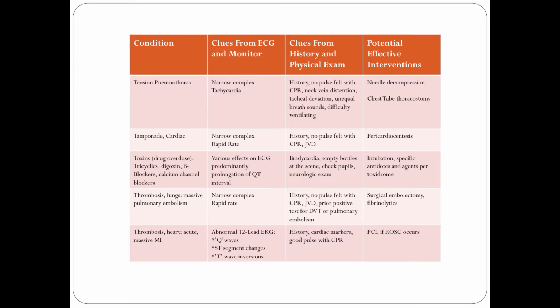For your T's, we have tension pneumothorax. You might see more of a narrow complex tachycardia because we're trying to compensate. So we're going to look at our history. No pulse with CPR, neck vein distension, just like we talked about. What's going to show us tension pneumothorax? Jugular vein distension, tracheal deviation late, unequal breath sounds when you ventilate, difficulty ventilating because we have only one lung to ventilate.